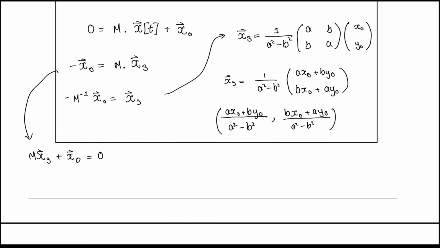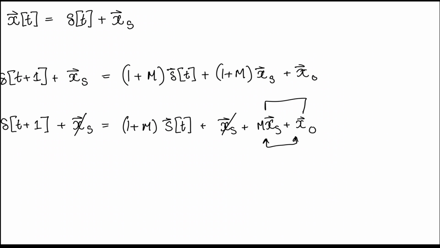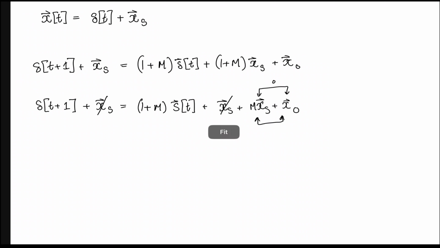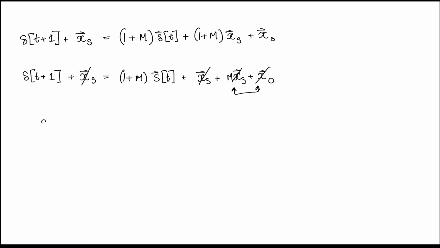If we look at this equation and look at this, they're both the same thing, and we saw that these added together are going to equal 0. So these two cancel out, and we're left with delta t plus 1 is equal to (1 plus m) delta t.